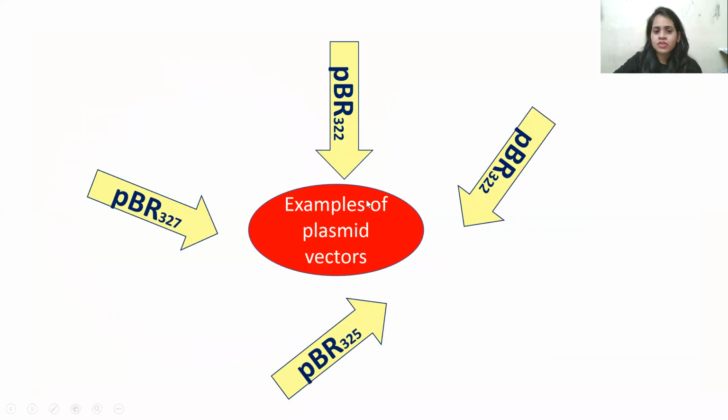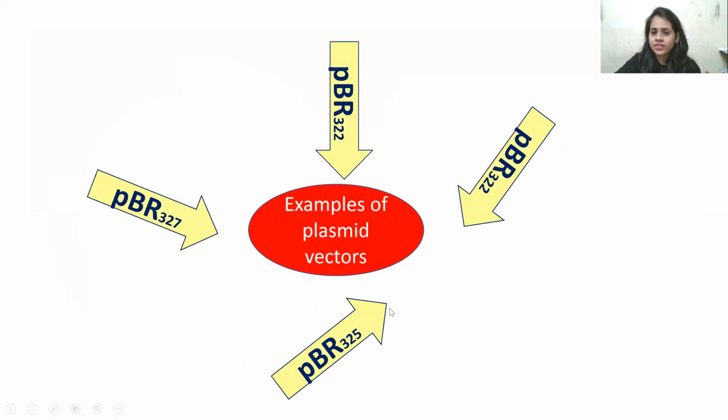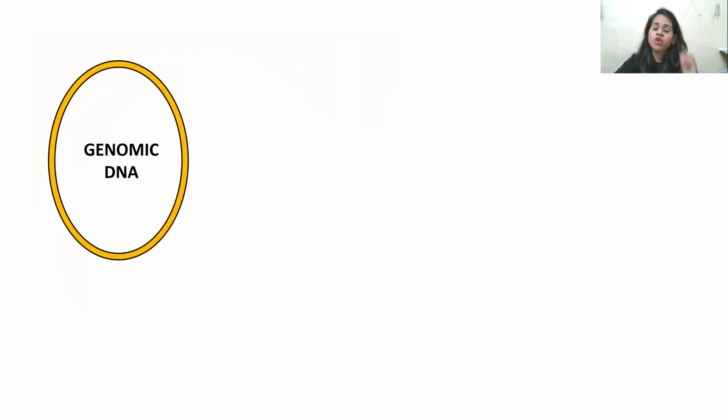So let us see a few examples of plasmid which can be asked in your exams. A few examples are pBR322, pBR327, pBR325. These are a few examples of plasmid vectors. I have already talked about who introduced the plasmid, from which bacterium it was first isolated.